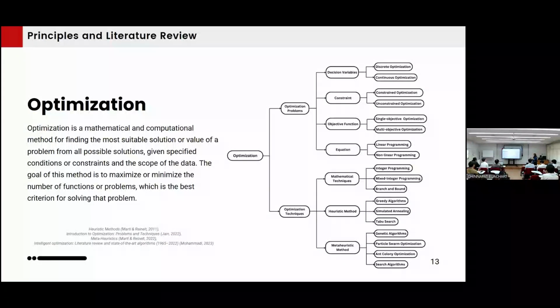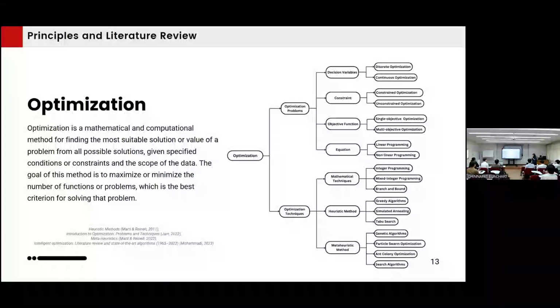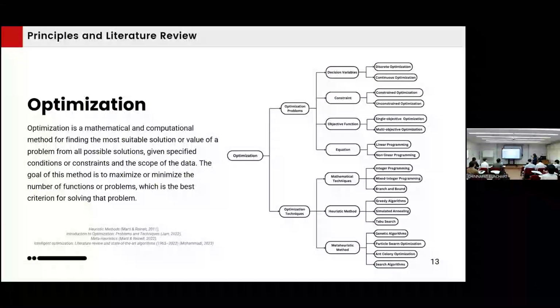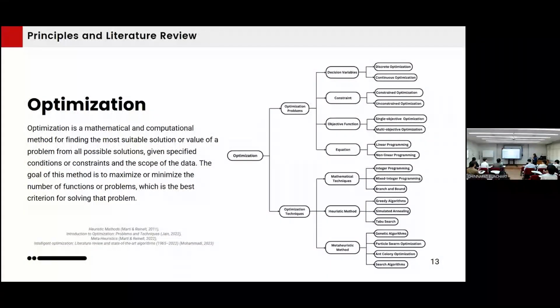Optimization is a mathematical and computational method for finding the most suitable solution or value of a problem from all possible solutions. The goal of optimization is to maximize or minimize the value of a function or problem, which is the best criterion for solving that problem. But optimization also has many types.